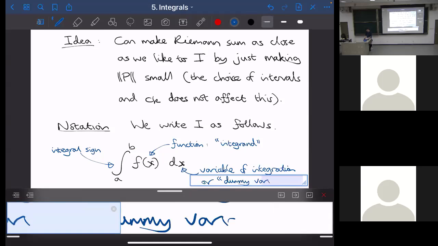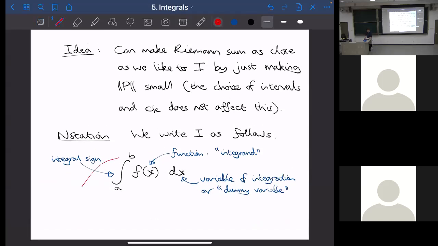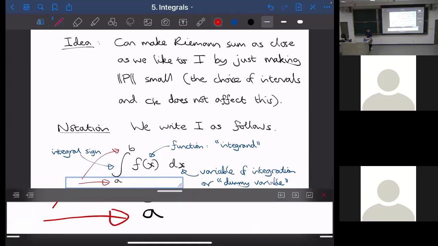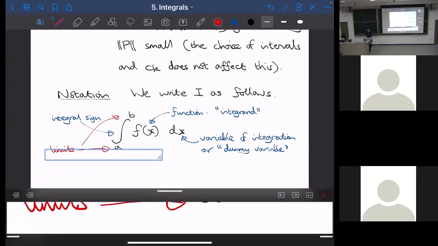And what else? So these we call limits of integration.